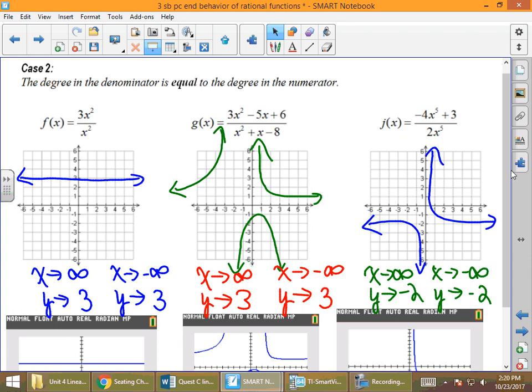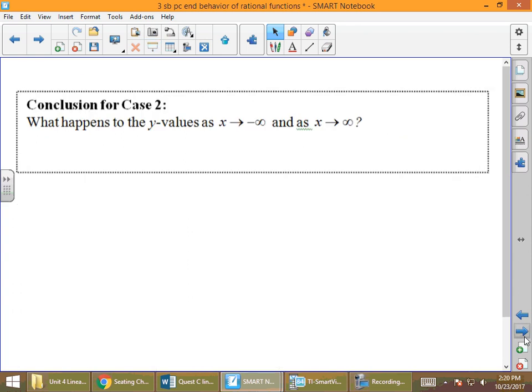And what y approached in our third graph was negative 2, negative 4 divided by 2. So in terms of the table here, as x approaches negative infinity, y approaches a over b.